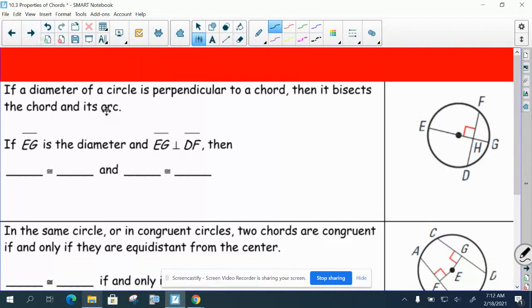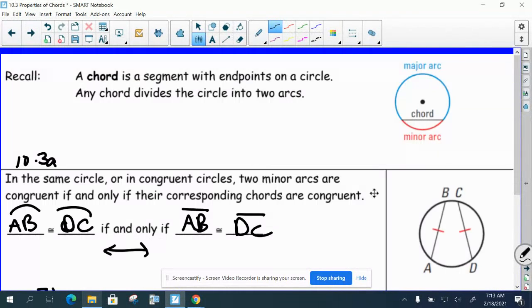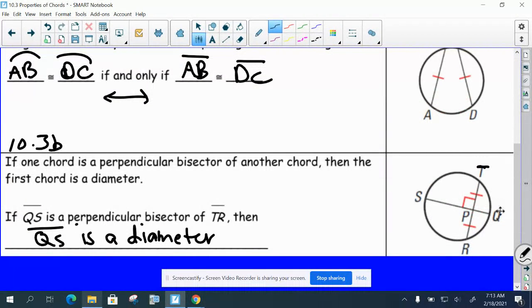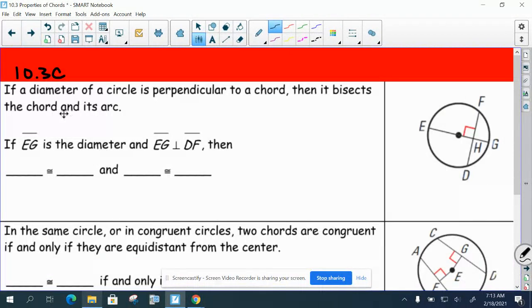All right, 10.3c. If a diameter of a circle is perpendicular to a chord, then it bisects the chord and its arc. Notice back here, this doesn't really say anything about the arc, but this does.